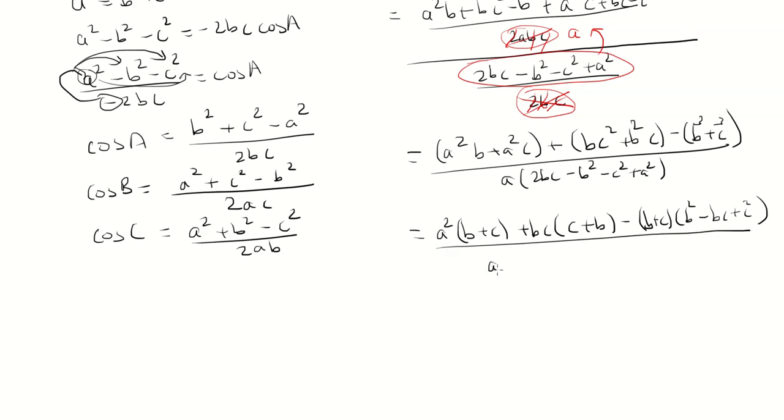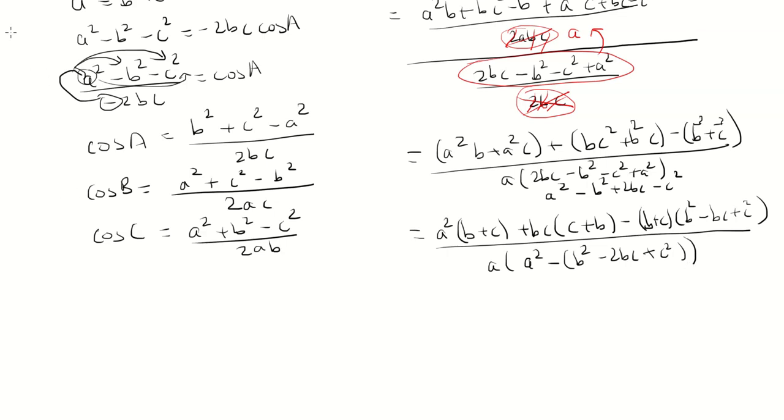Over a. And then I'm going to rewrite this. It's going to be a squared minus, so here I'll take an intermediate step. So I wanted to write it like this. This is the intermediate step, and I'm going to factor out the negative and get b squared minus 2bc plus c squared, like that.